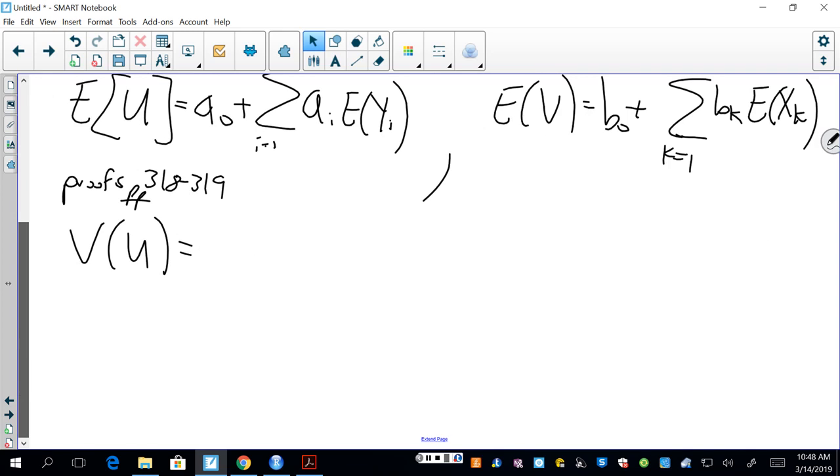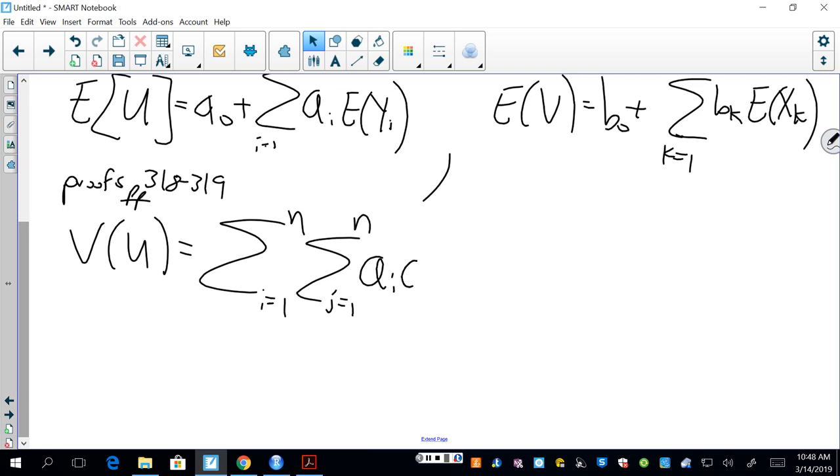So one way of representing it is as a double summation of the AI times AJ terms times the covariance of YI, YJ. In the variance there's every variable, and there's a square.